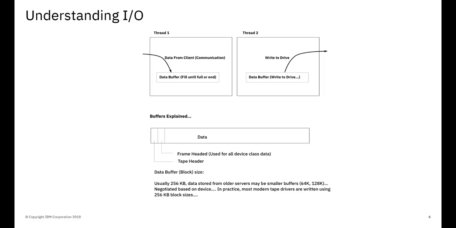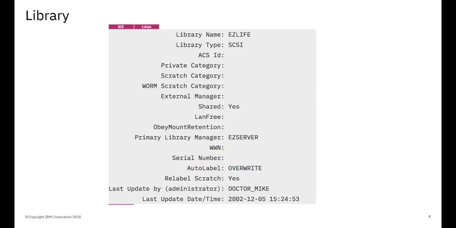When you're setting up the libraries and drives inside of Spectrum Protect, the first thing you're going to do is define the library. And here you can see we have a library defined. One thing to consider, though, is if you do have multiple Spectrum Protect servers that are SAN attached, you might want to have that library shared amongst those multiple Spectrum Protect servers.